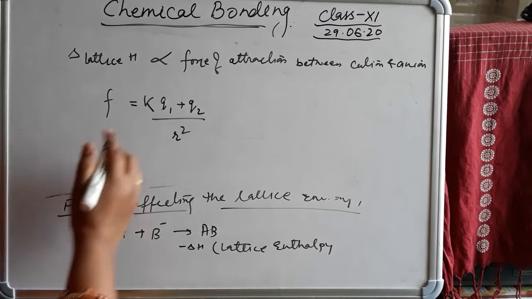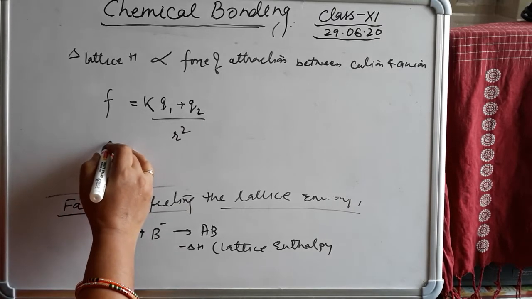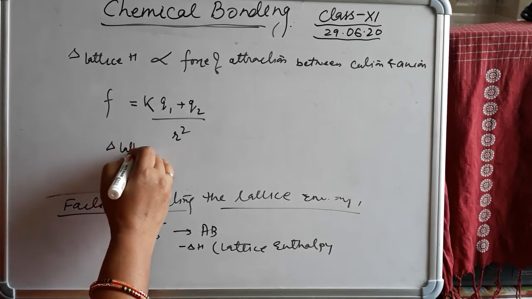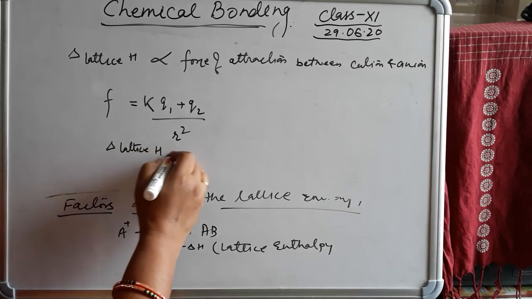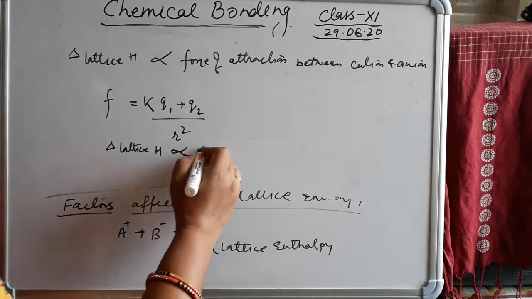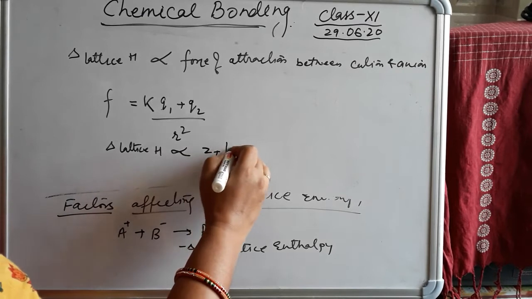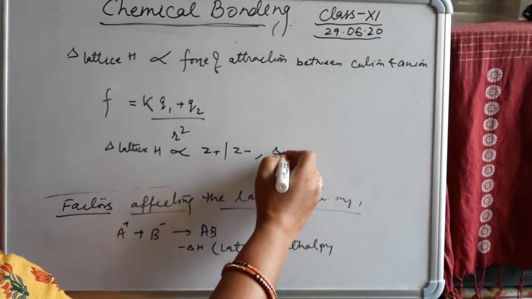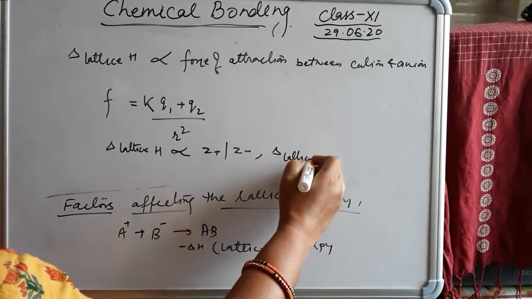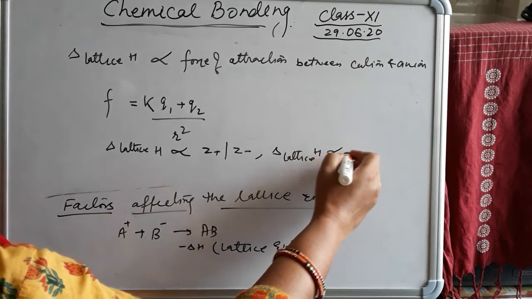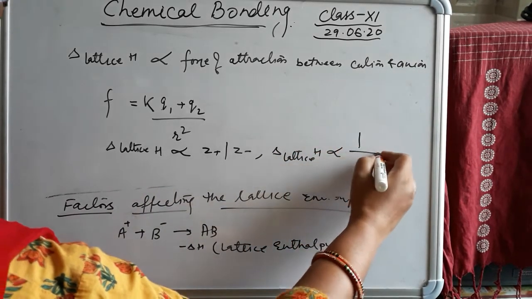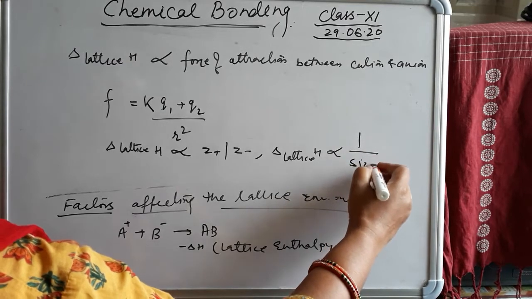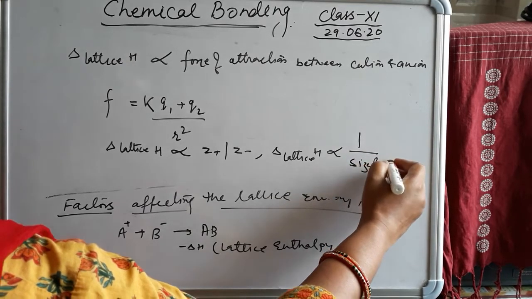Then lattice enthalpy is directly proportional to the charge of cation or anion, and we can say that lattice enthalpy is inversely proportional to the size of cation.